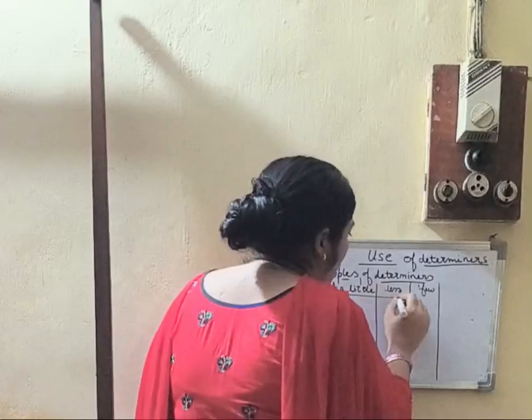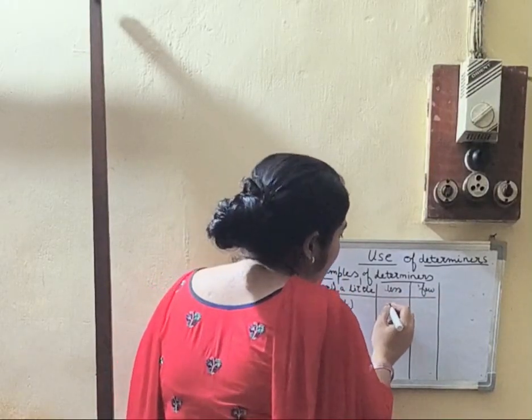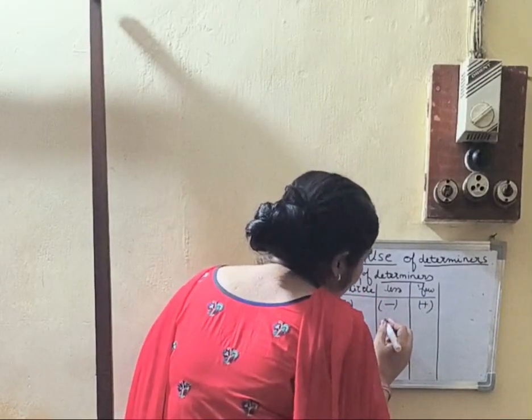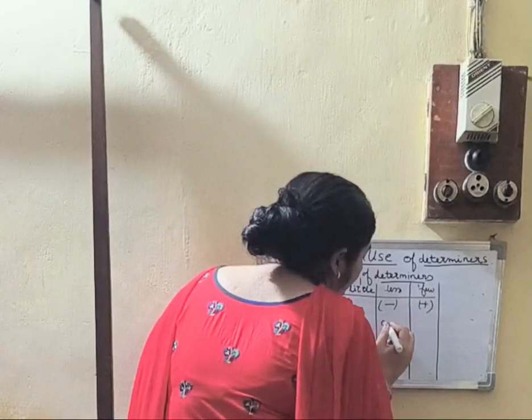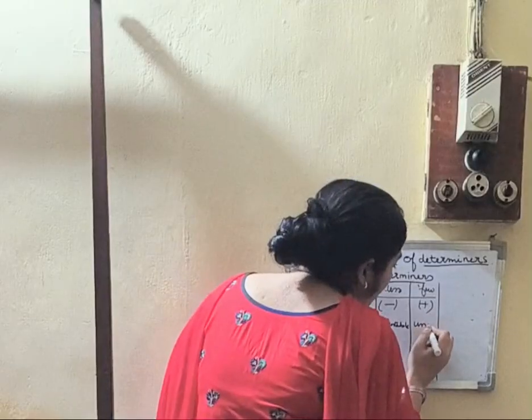So little is always negative, a little is positive. Less is negative and few is positive. Less is countable, few is uncountable.